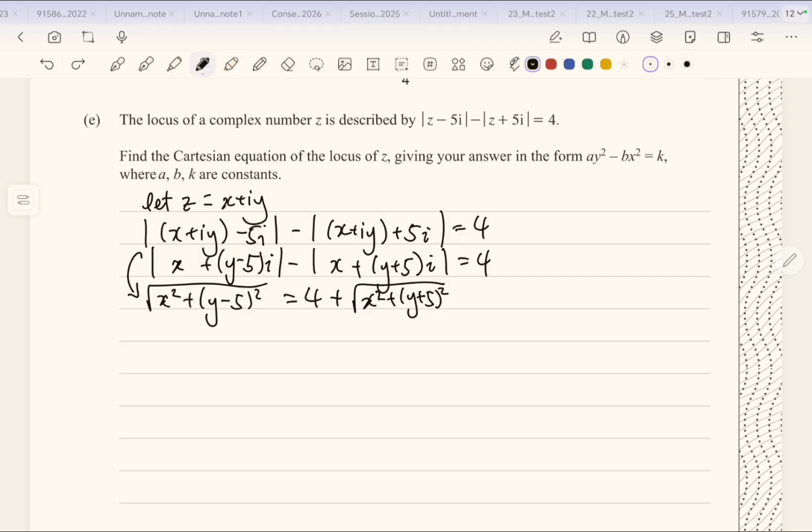Hopefully you guys know what to do for this one. And now, putting into this form, it makes it way easier. We'll just quickly square both the right hand side and left hand side.